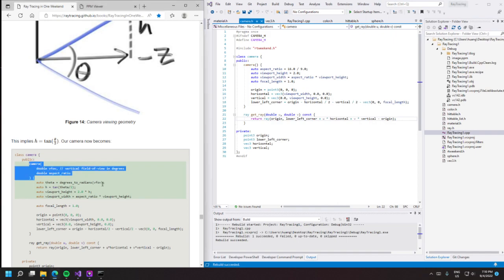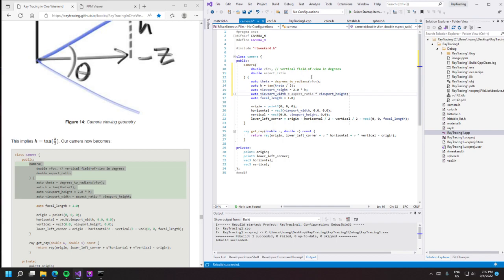Basically, we change the aspect ratio and the viewport. I'm going to replace this part. This is the vertical field of view in degrees, and aspect ratio, we still have that variable.